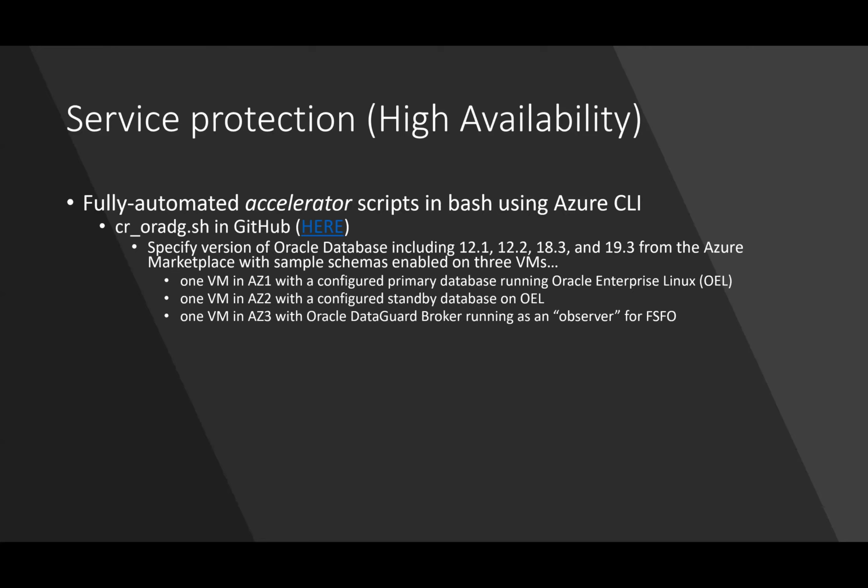So you can do a lot of great testing across 12.1, 12.2, 18.3, and 19.3 using this script. It takes about 40 to 45 minutes to set up all 3 VMs.